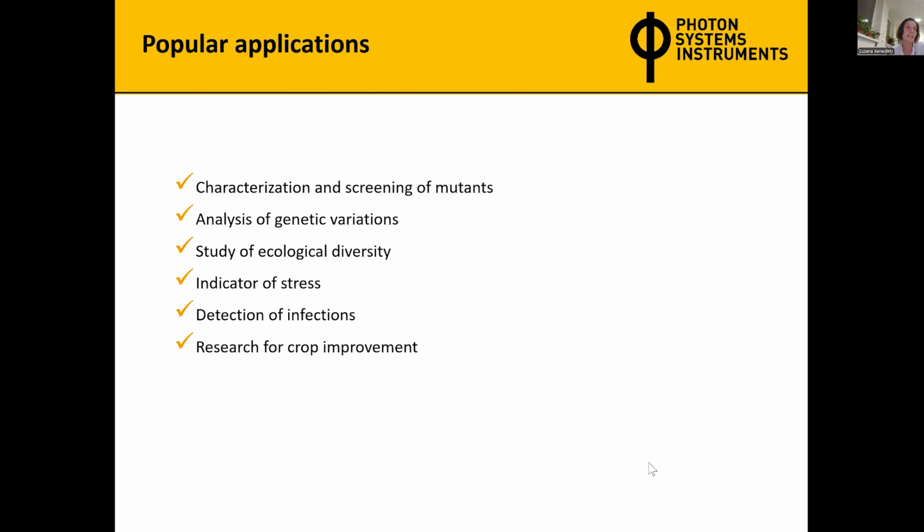Detection of biotic stress and infection, and nowadays a lot of people also use it to improve crops and other plants, because photosynthesis is a core process. If you can keep it working at the maximum level, of course you can produce more, you can fix more carbon, and you can have larger plants.